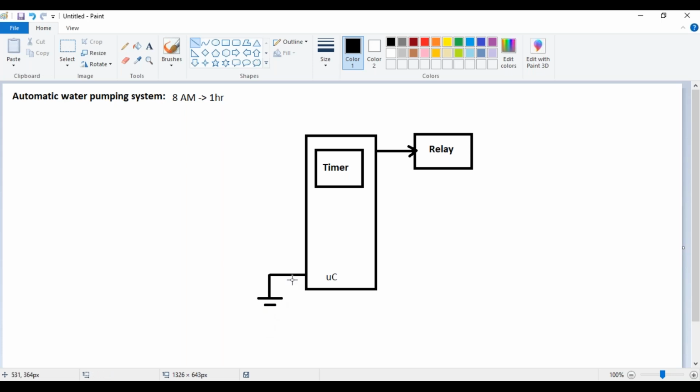Now this is the high-end automatic water pumping system. And because I'm involving a microcontroller, it also involves software associated with it. I'm using the built-in timer of the microcontroller, so the timer is going to calculate the time.